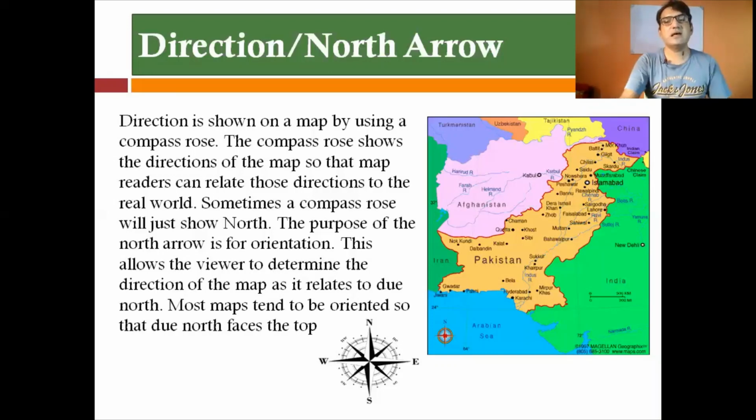So once the direction is given, meaning this arrow is given, you can see here this north arrow, since it's given on the map, you can easily understand. So most probably the north arrow will be given at the top of the map.